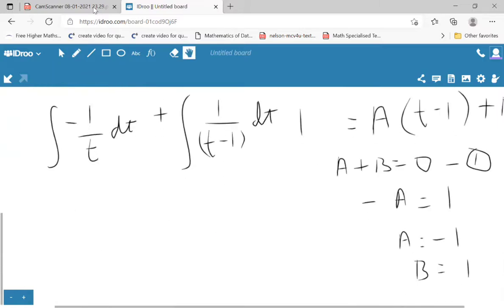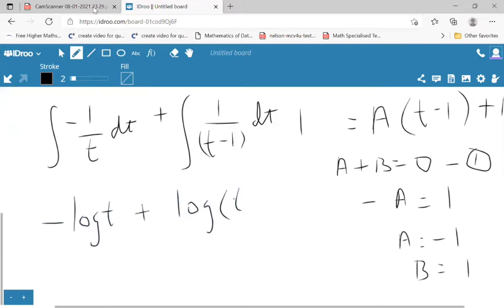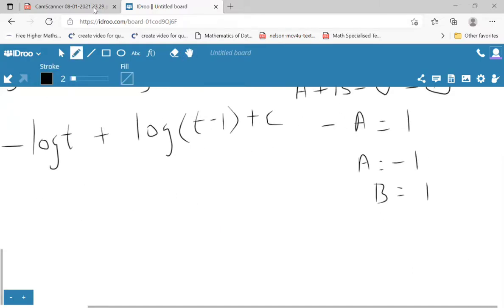On integration, we get minus log t plus log of t minus 1 plus c. In logarithms, whenever you have a minus and a negative symbol, you can as well divide it. So that will be log of t minus 1 by t plus c.